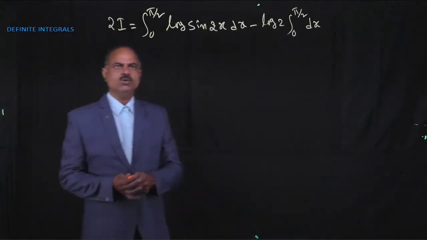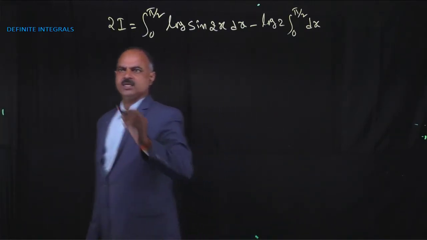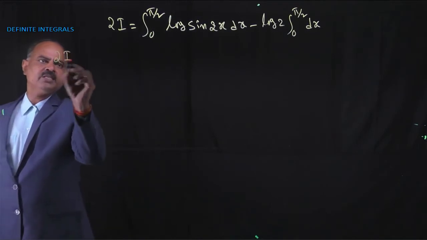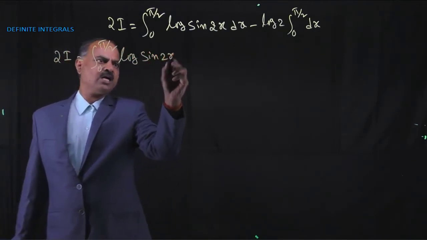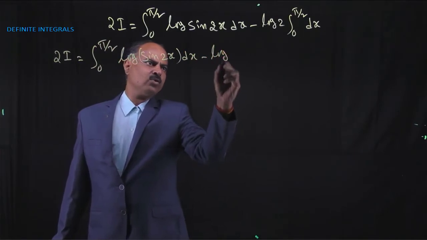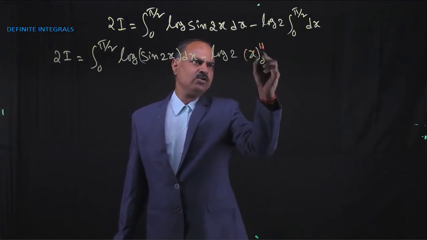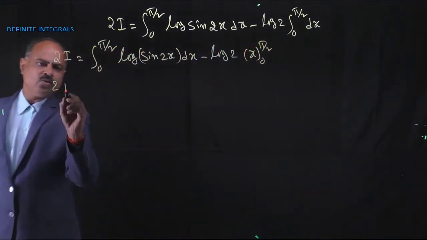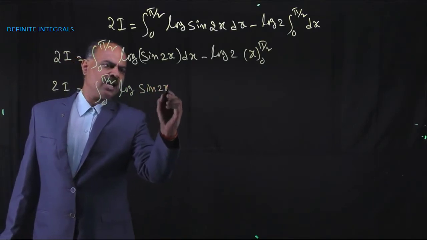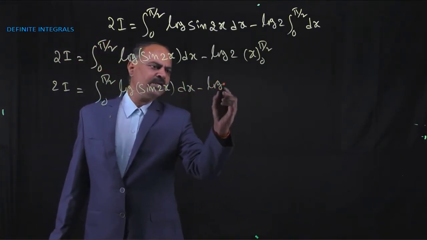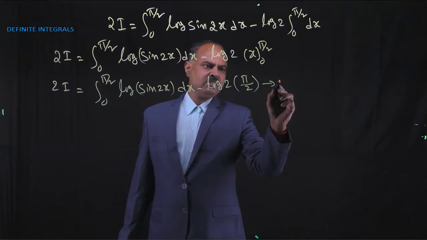Integral dx equals x, limits 0 to pi by 2. Now 2I equals integral 0 to pi by 2 log sin 2x dx minus log 2 into pi by 2. This is equation number 3.